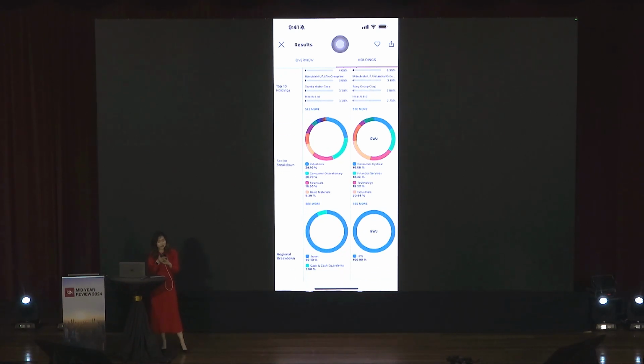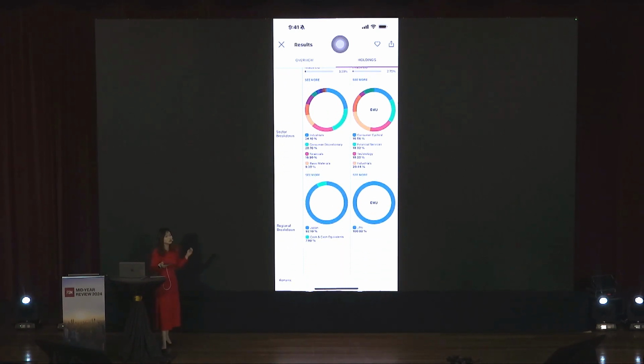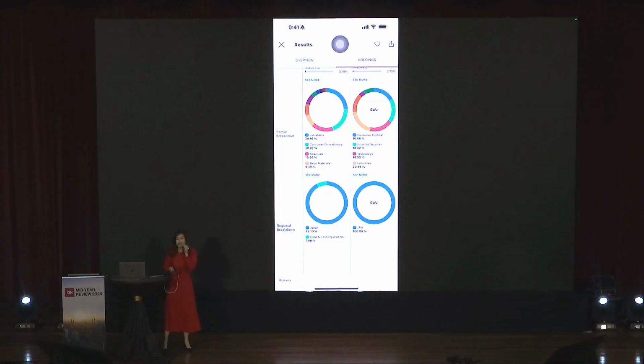You can also see the sector breakdowns these funds and ETFs invest in, how many percent in industrials, technology, basic materials, and so on. You can also get to know the regional breakdown. Because I'm selecting Japan, of course, it will be mostly Japan. But if it is a global fund, it will have a list of regional breakdowns listed here.